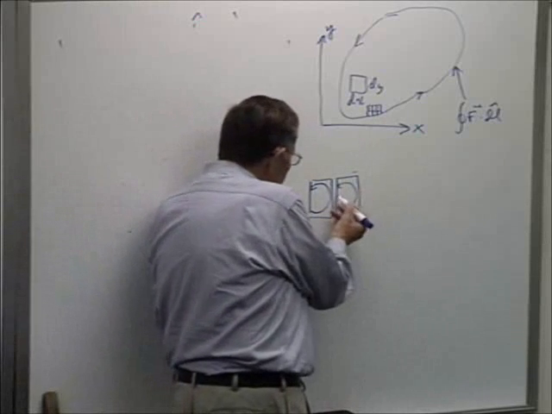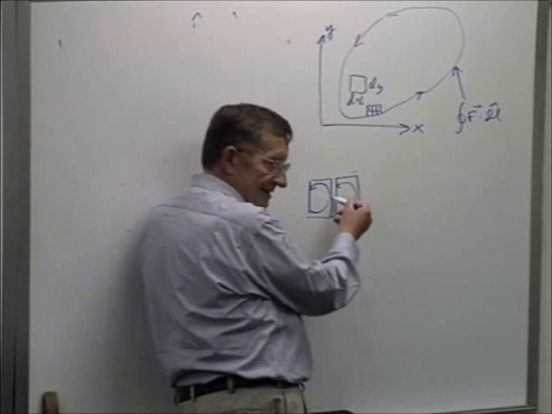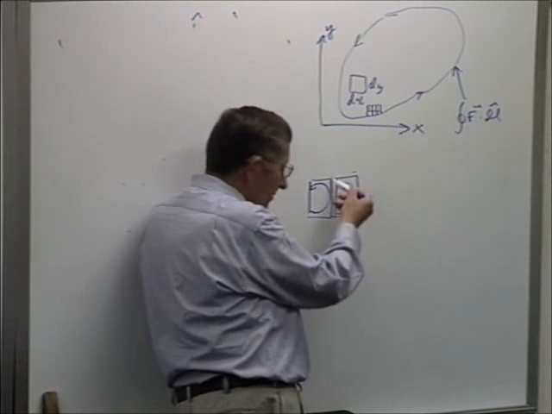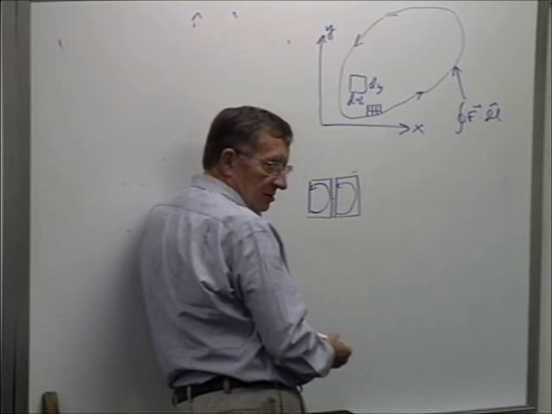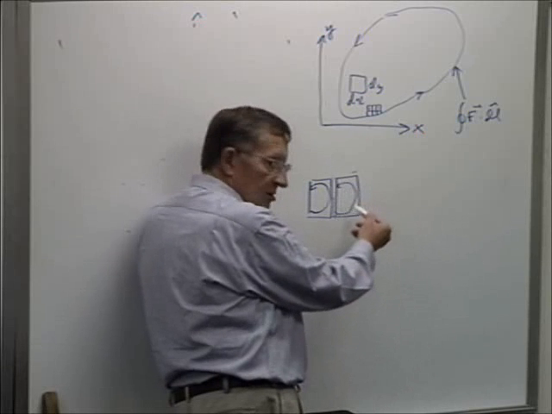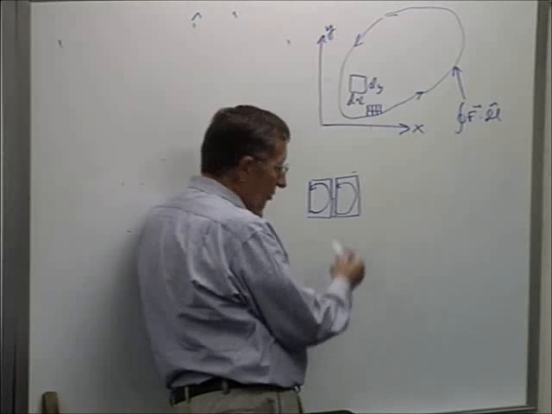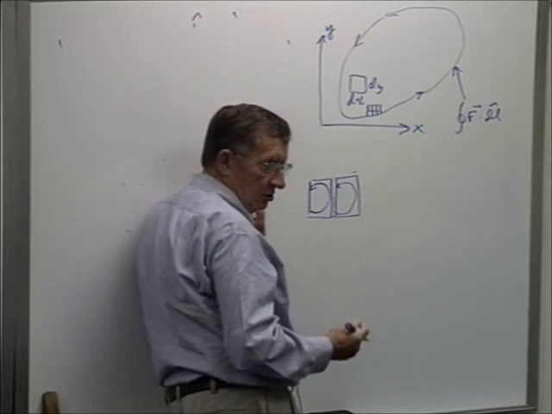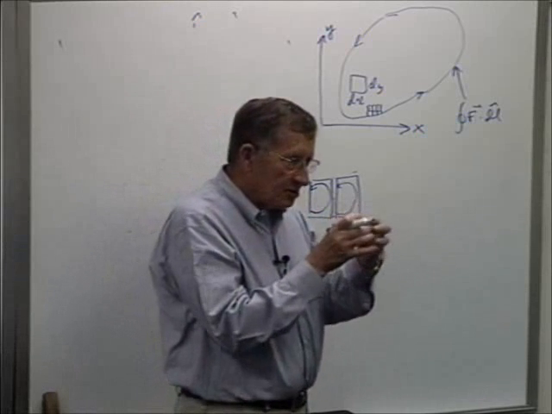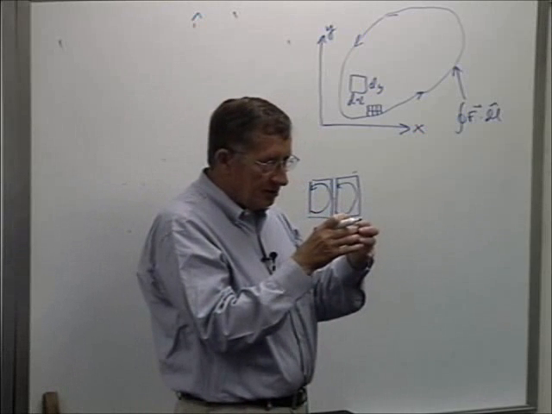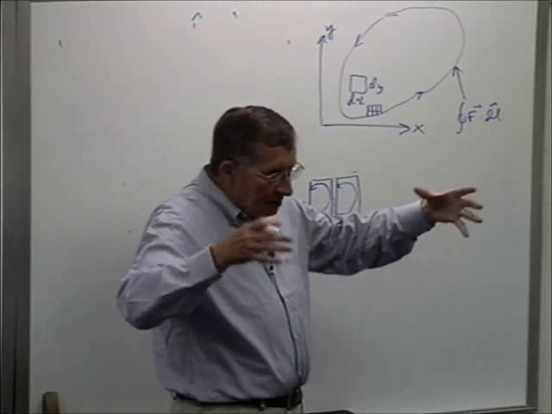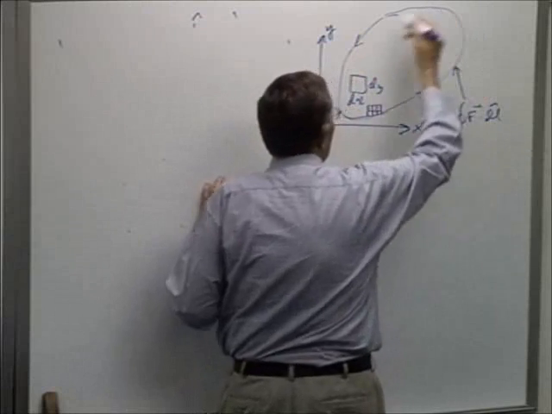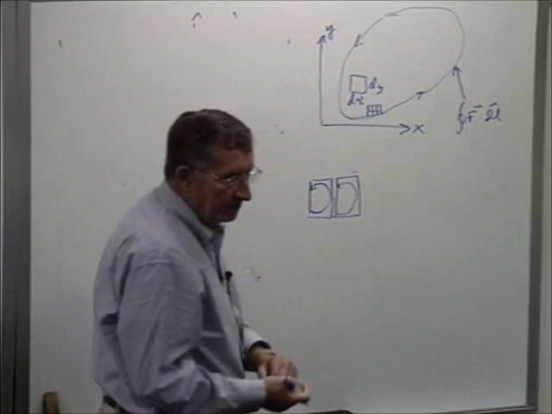If you look at the terms that would arise for the adjacent sides, the term from the right one would cancel the term from the left one. So if you did this little elemental thing over the whole area, what you're left with is just the periphery of the area.